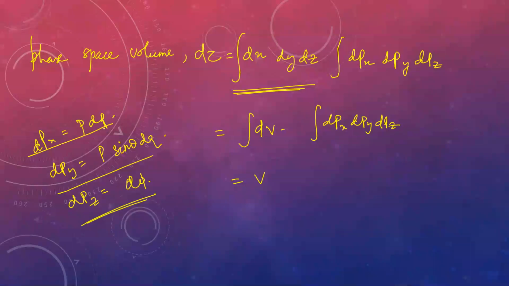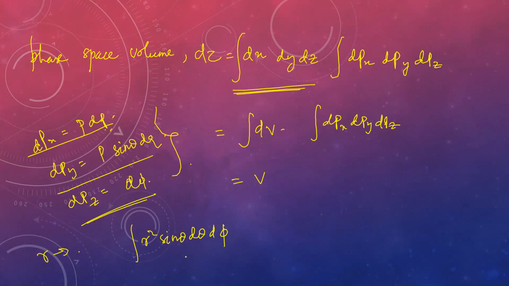If you remember the volume element in, suppose, r, what did we write? r squared sin theta dr dθ dφ. You must be wondering how I wrote this. That means dr is also there. So that is r dr into r sin theta dθ into dφ, isn't it?